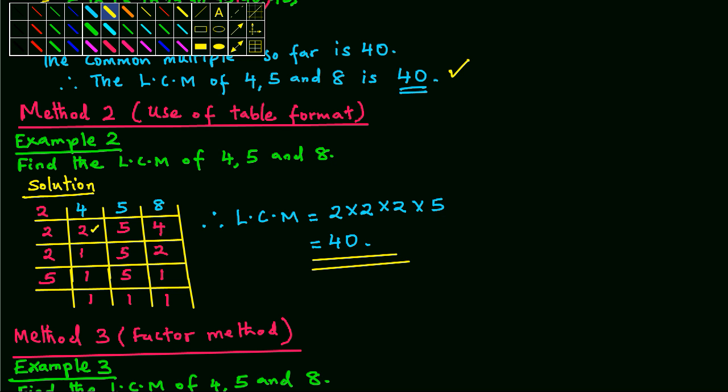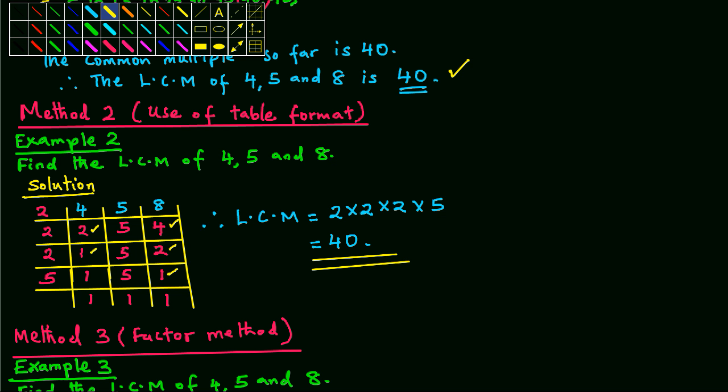And it divides 8 4 times. Still 2 can divide 2 and 4. So 2 divides 2 1 times, and it divides 4 2 times. So we still retain 5 because it's not divisible by 2. Then 2 divides 2 1 times.